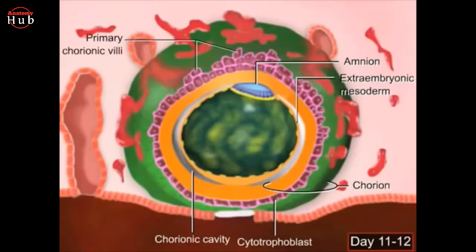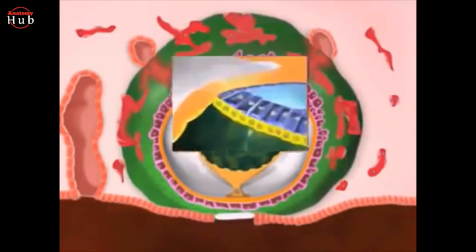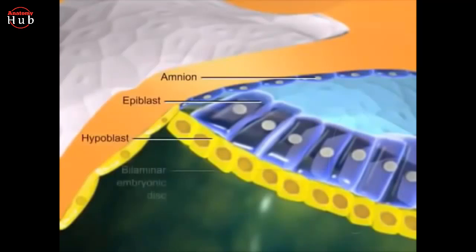Then the events of the second week start. Mainly in the second week, two things happen. The embryoblast, or inner cell mass, becomes a bilaminar embryonic disc comprising an epiblast and hypoblast.